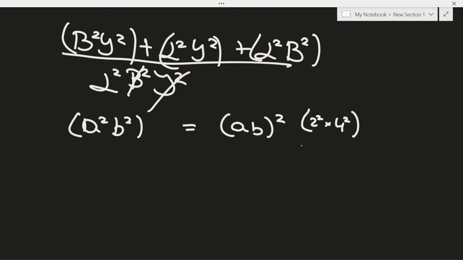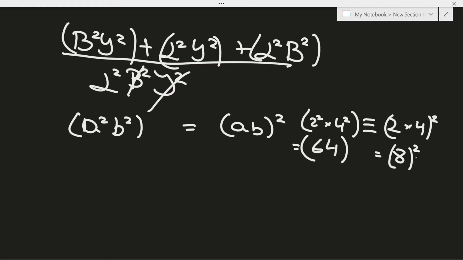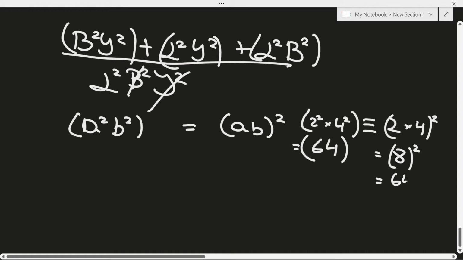This will be equal to 4 times 16, which is 64. It's the same thing as saying 2 times 4 squared, because 2 times 4 is 8, and 8 squared is equal to 64.